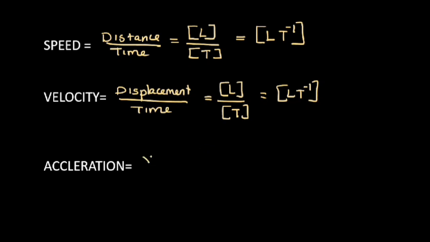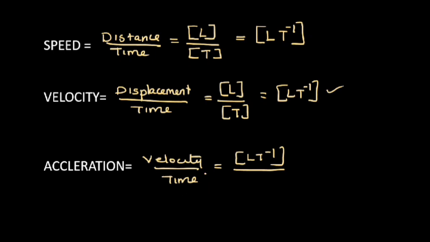We know that the equation for acceleration is velocity divided by time. So what is the dimension of velocity? We already got it, that is L T raised to minus 1 divided by the dimension of time, T. So the equation will be L T raised to minus 1, and when this denominator comes to numerator, it will be minus 2. Then we get L T raised to minus 2.